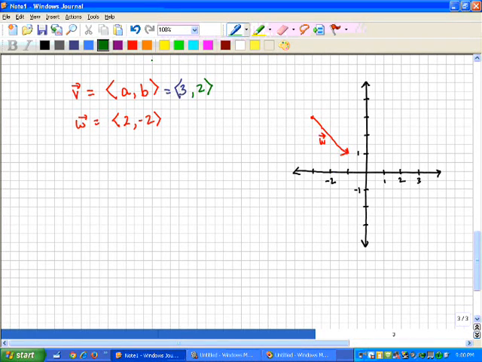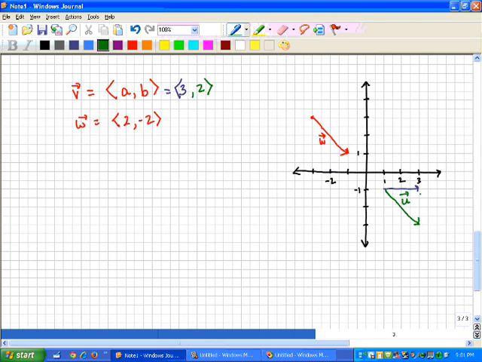Recall that it doesn't matter where the vector is in the plane. This is a different vector, but it's an equivalent vector. We'll call this vector U because its horizontal component is still 2 units right.